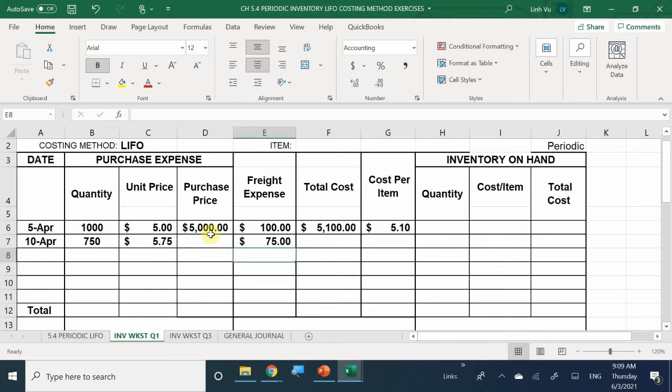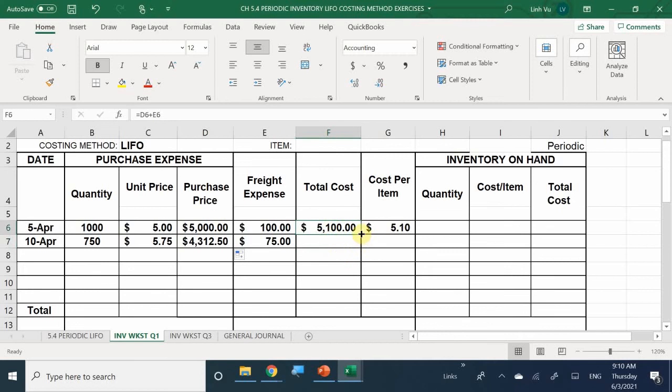What's my total purchase price going to be here? $4,312.50.